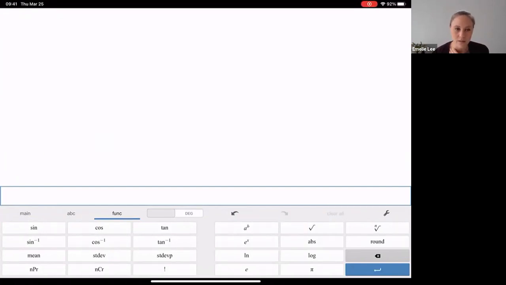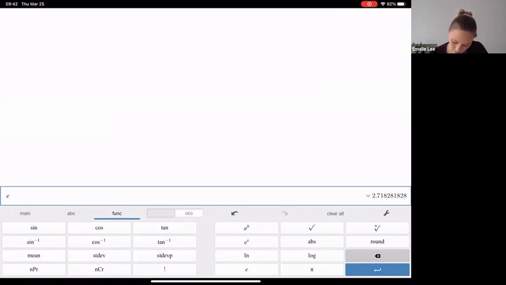You also have e, right? So you could just use e and then raise that to the power of something, or let's just try using the e to the power of x, and then it just bumps you up into the power, as opposed to just hitting e and then you can do maybe 3 times e or something like that. Depending on what you need it for, you can use either one of those, right?